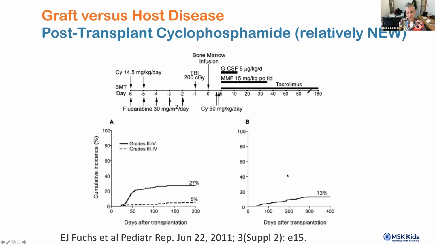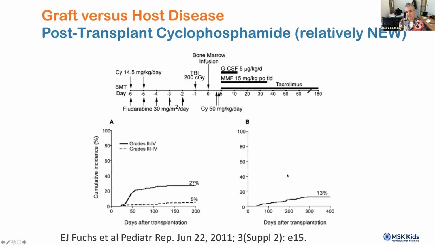So you infuse the cells, you give the high dose chemo after transplant, mainly to deplete, to kill the cells that proliferate in the early phase after transplant.